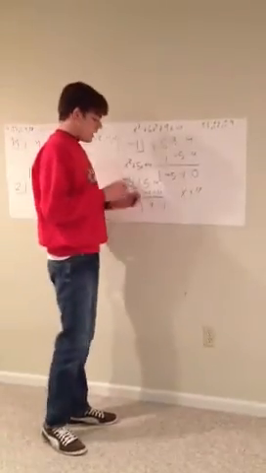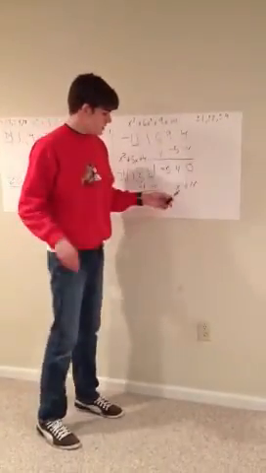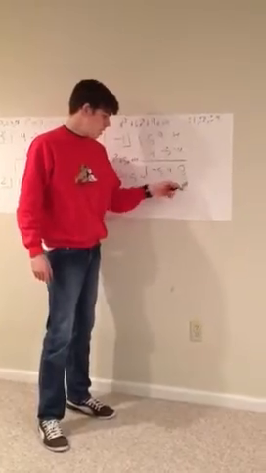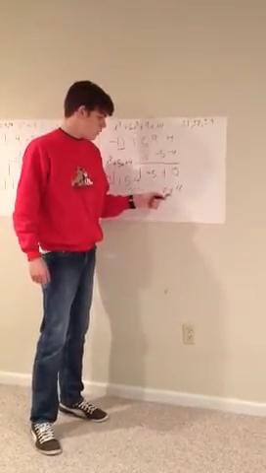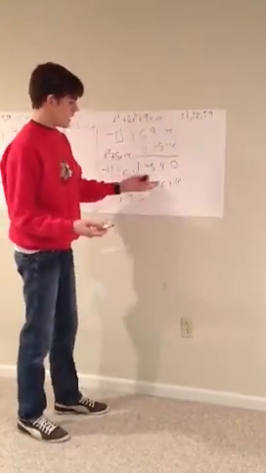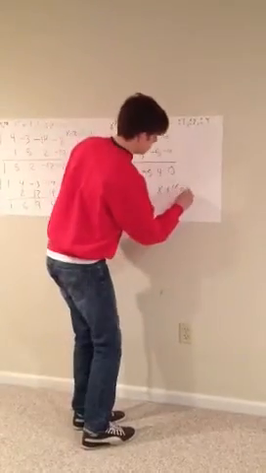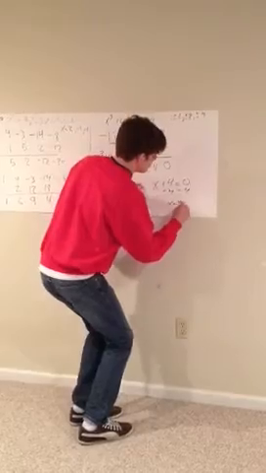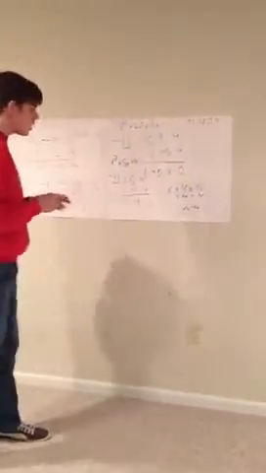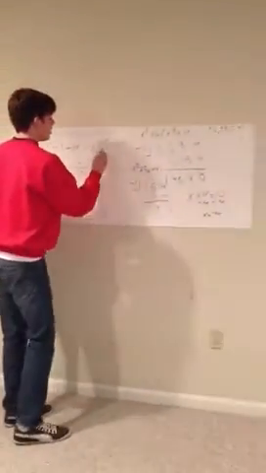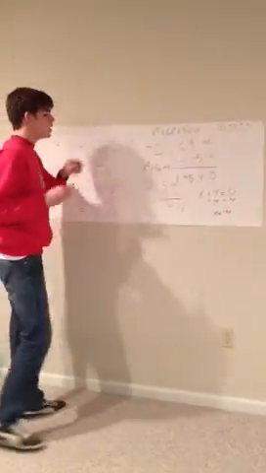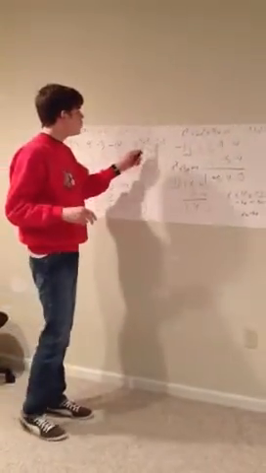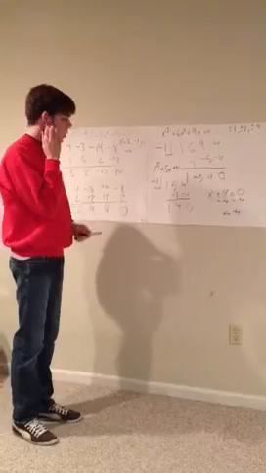Okay, now here, this is pretty easy because all you have to do is get x by itself. So you can just set it equal to 0, minus your 4, and you get x equals -4. Okay, so now you have -4. So your roots are now 2, -1, -1, -4.